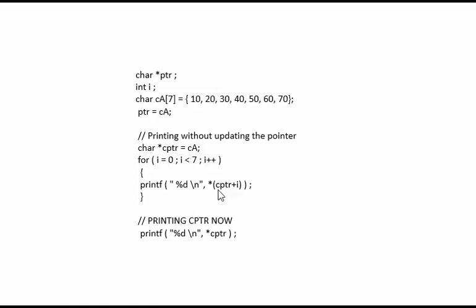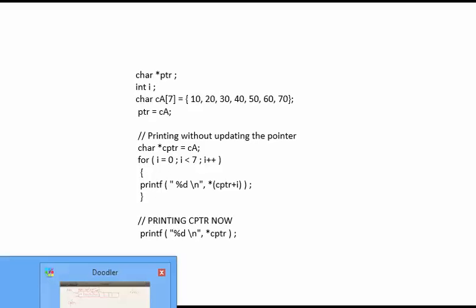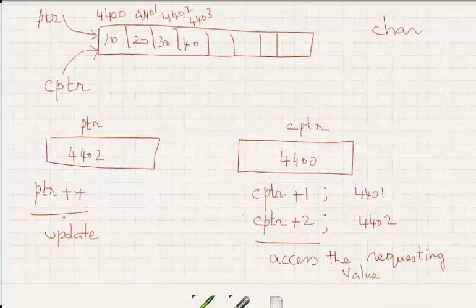But if you look closely at this expression, we are always doing C pointer plus I, right? So it traverses each and every element with the offset without updating my pointer. I'm not doing CPTR plus plus. I'm only doing CPTR plus I.